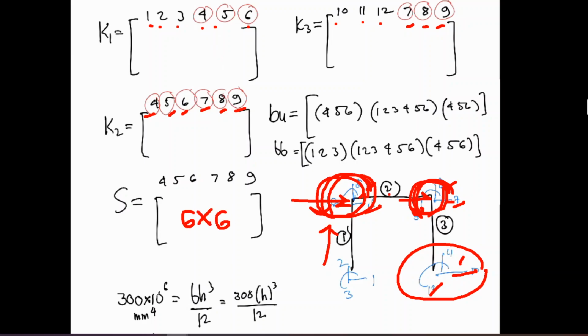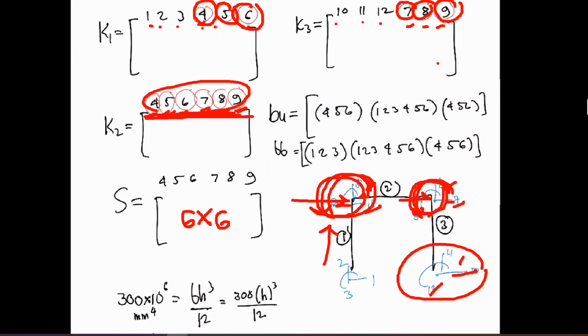Therefore, we will need 4, 5, 6, 7, 8, 9. So all stiffness matrix with this code will be required, will be extracted. For member 1, that's why 4, 5, 6 is encircled. For member 2, everything is encircled. For member 3, 7, 8, 9.